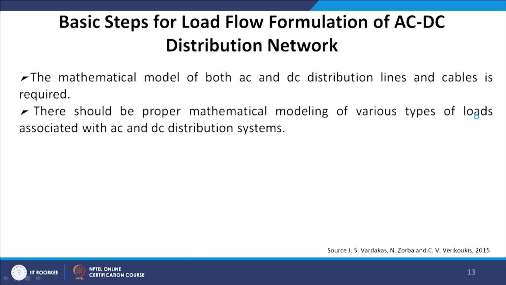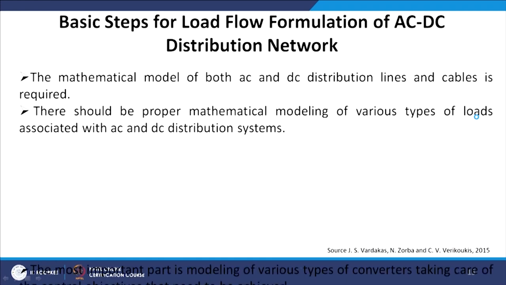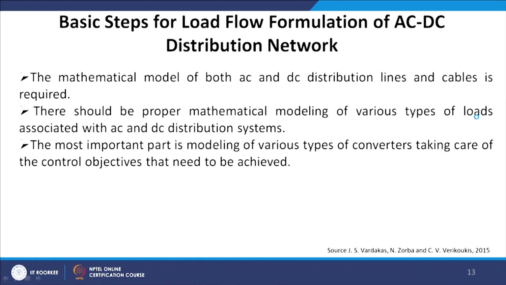Now, what are the basic steps for load flow formulation of an AC-DC distribution network? First, the mathematical model of both AC and DC distribution lines and cables is required. There should be proper mathematical modeling of various types of loads associated with the AC and DC distribution systems. The most important part is modeling of the various types of converters, taking care of the control objectives that need to be achieved.